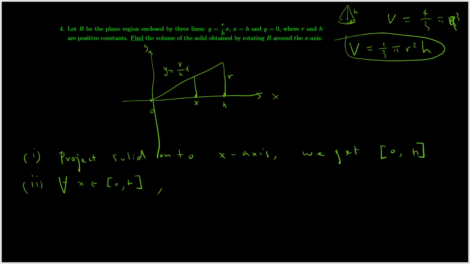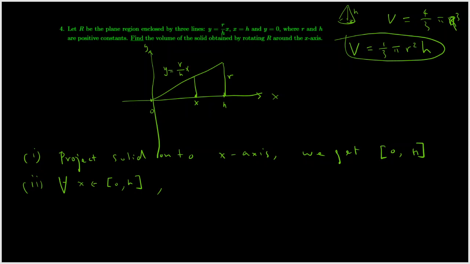X determines a little line segment. The same as before, you use a vertical line perpendicular to the x-axis to cut the plane region. You have a little line segment, and then you rotate that little line segment around the x-axis. You have the cross section, which is a circle.